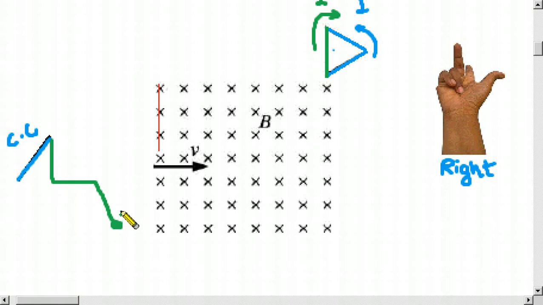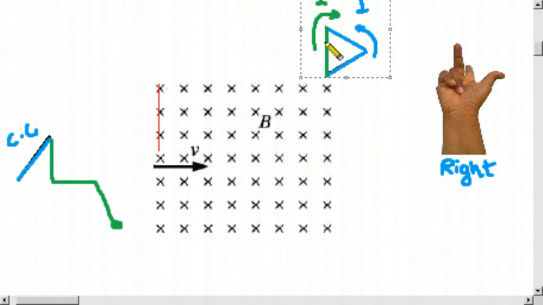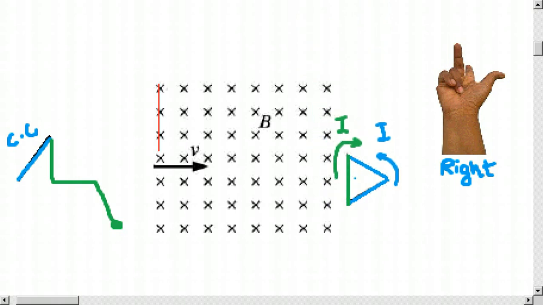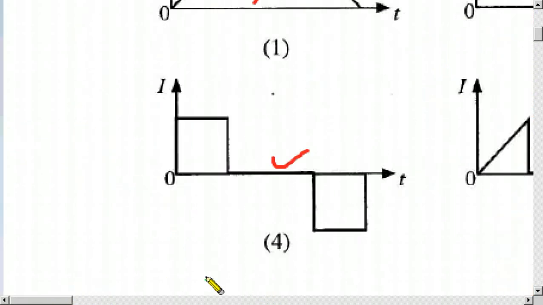So after that what happens? This green color wire also leaves the magnetic field. Now it has no magnetic flux, so it is outside. So therefore it also vanishes suddenly, that happens suddenly like this. So the graph is like this then, the graph gets the shape of that.